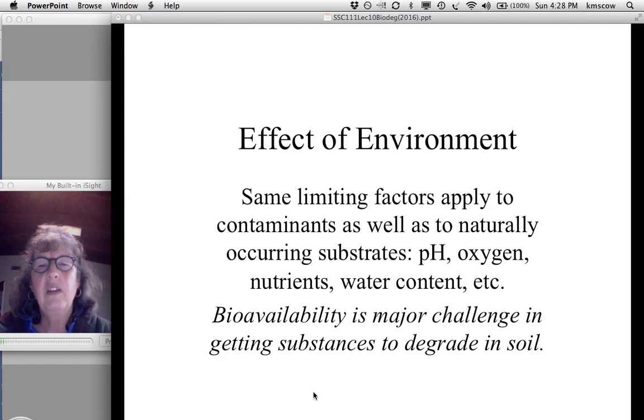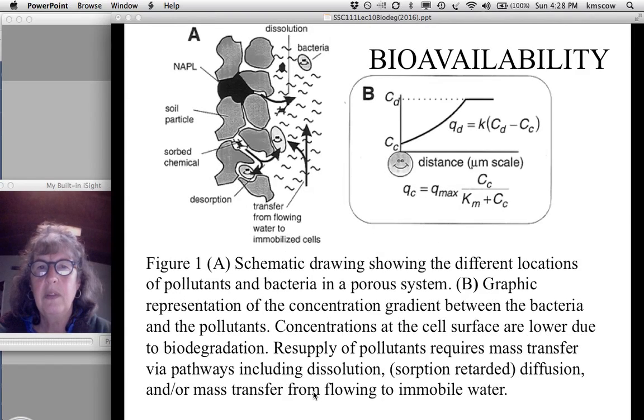And then, as I keep saying, bioavailability is a major, major challenge in getting the organisms, the contaminant, and the other substances they need together in the same place at the same time.